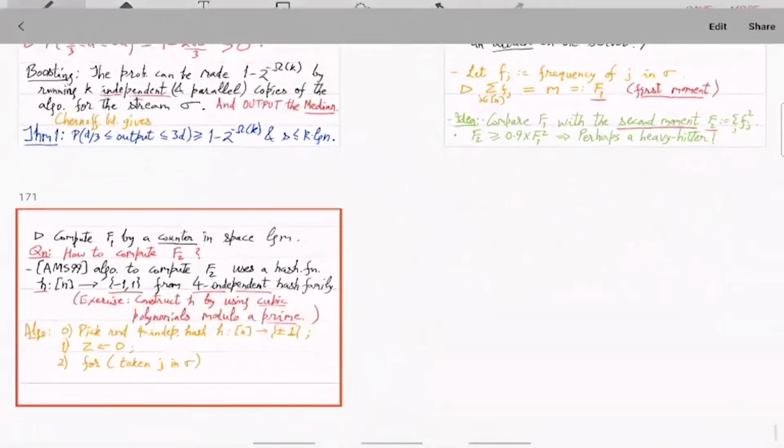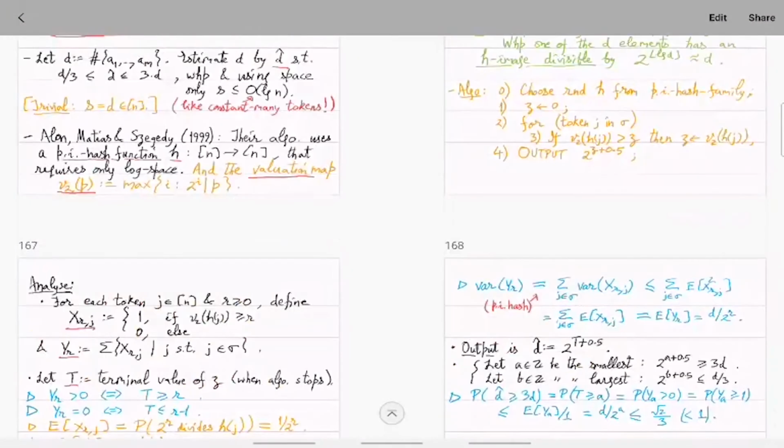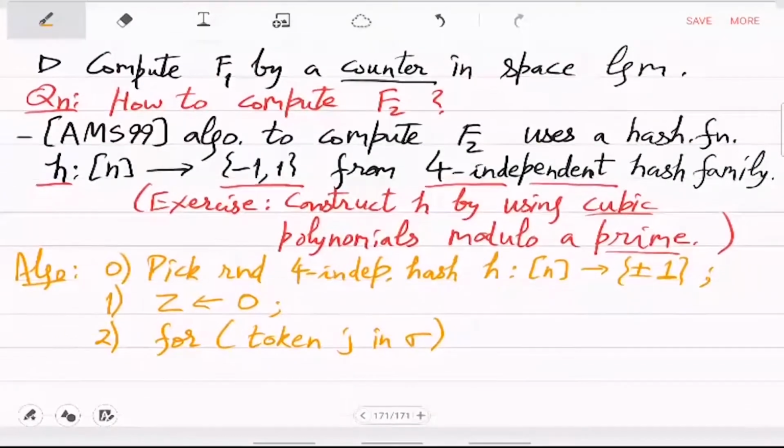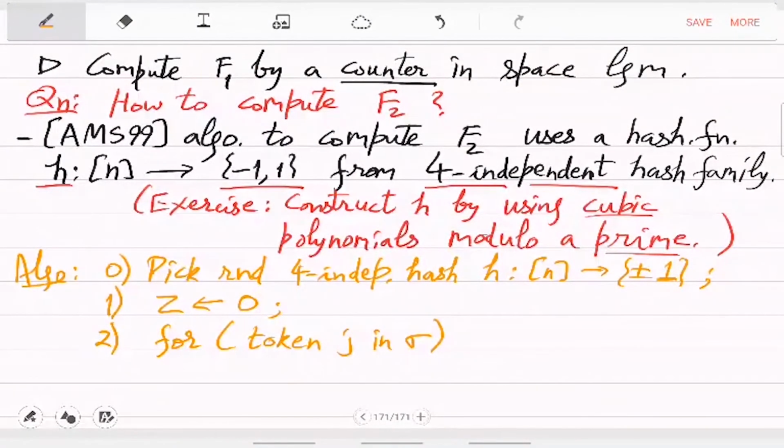This is similar to the algorithm we did before. So, when you see token j in the stream, you compute the hash function and keep adding. That is it. So, you either will add 1 or minus 1 depending on the image of h. So, you are actually adding these plus minus 1. So, in the end you may also have a negative number.